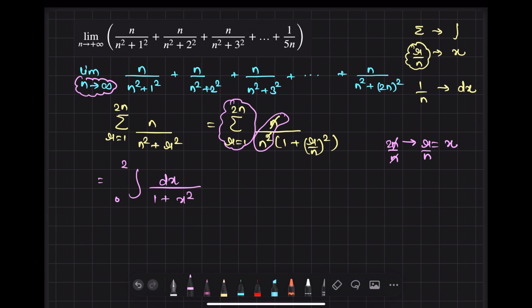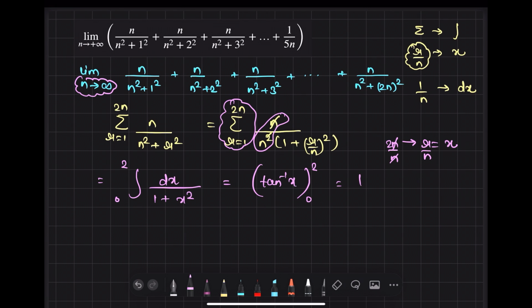Okay, now my idea is that we have to do the definite integration of the given situation. Do you remember the integration of dx by 1 plus x square? It reminds you of what? Tan inverse x. Correct. Now you have to apply the limit.